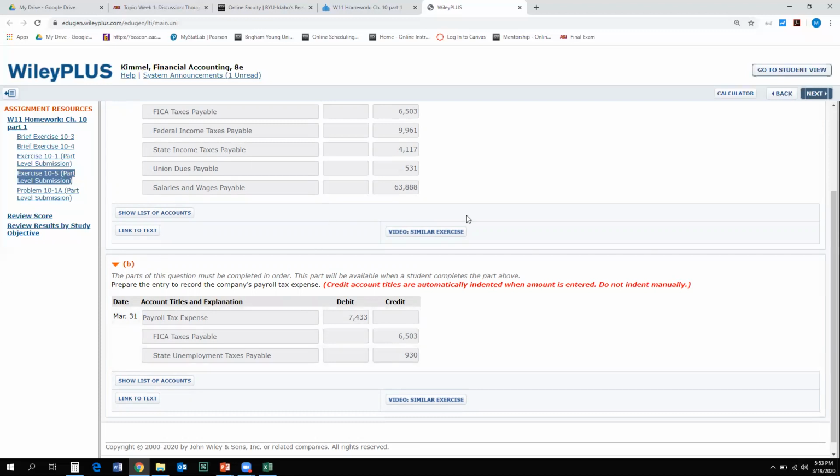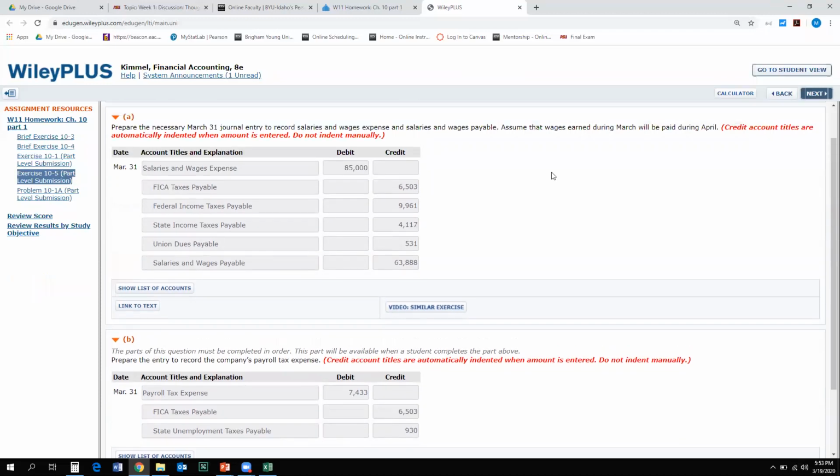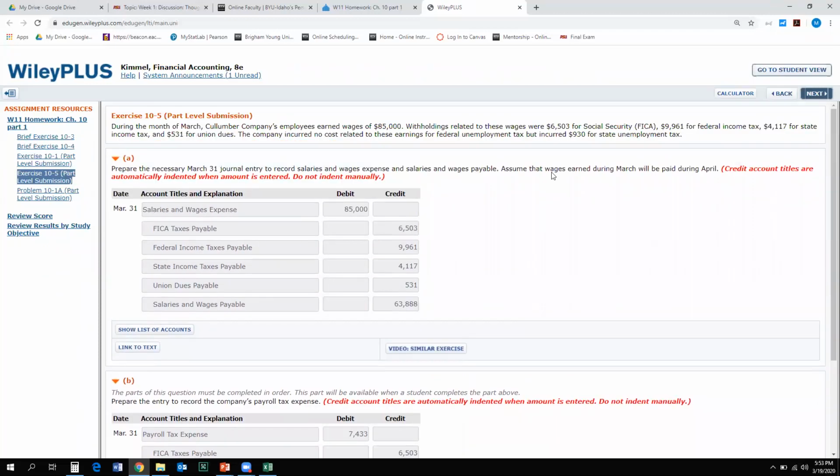So does it say above the employer's half of the FICA taxes, or do you just assume that we're paying half and they're paying half? It doesn't say they pay half and you pay half. Correct. That's just the norm. So in essence, whatever you withhold from the employees, the company has to match that amount.